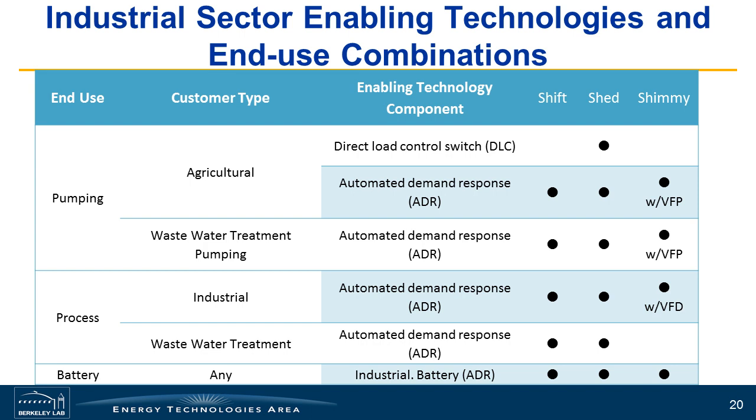That's a difficult task, though, so I'm not going to undermine the idea that getting industrial facilities to adopt automated controls is easy. It is not. They typically want to maintain their manual controls and participate in these kinds of programs without that. But if we can get them automated, they have a lot of potential to provide a lot of service to the grid, in particular in the shift category.